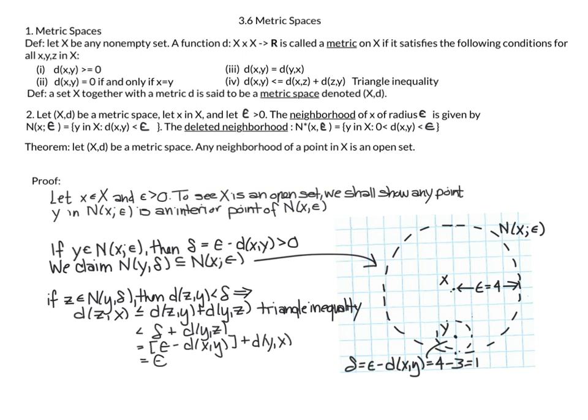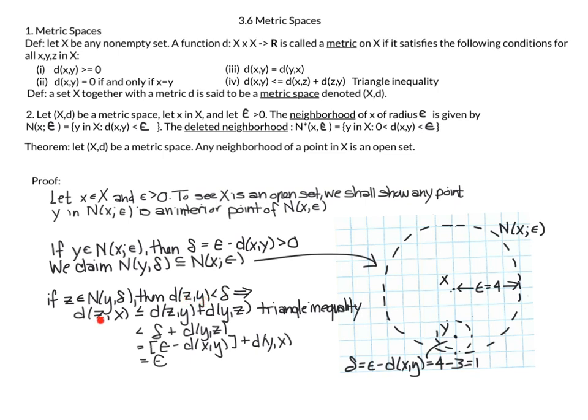While you can see in my picture sort of what's going on, we do need to prove formally that anything in the neighborhood of y with this new delta radius is also in the neighborhood of x with the epsilon radius. So let's say z is in our neighborhood of y with the delta radius. Then the distance between y and z is less than delta.